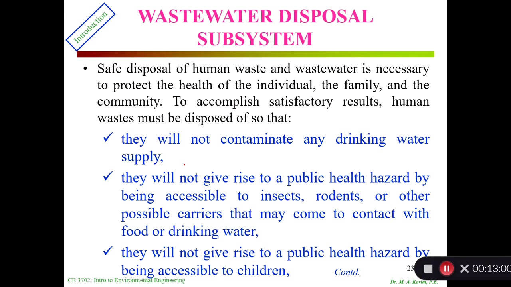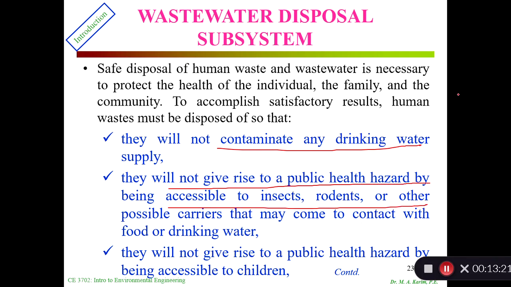Wastewater disposal system. The safe disposal of human waste and wastewater is necessary to protect the health of the individual, the family, and the community. To accomplish satisfactory results, human waste must be disposed of so that it will not contaminate any drinking water system. It will not give rise to a public health hazard by being accessible to insects, rodents, and other things. It will not give rise to public health hazards by being accessible to children, and so on.